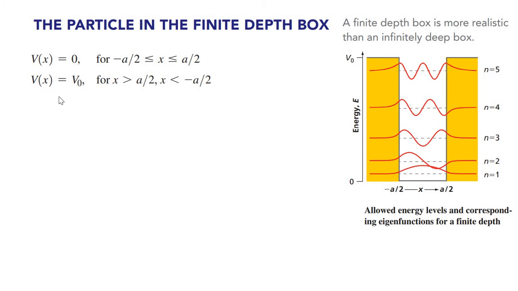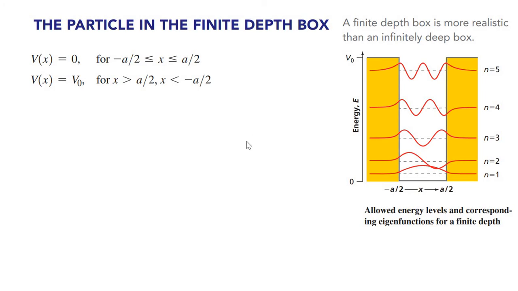But in the second line, V(x) is not infinity, unlike the previous case. It is some constant value V0, whatever it is, but it is not infinite. So either x greater than a by 2 or x less than minus a by 2. On both sides of the box, the potential is a finite constant. So this is the structure or design of the box.